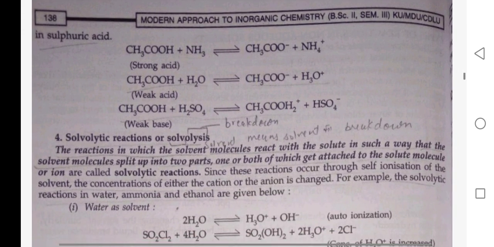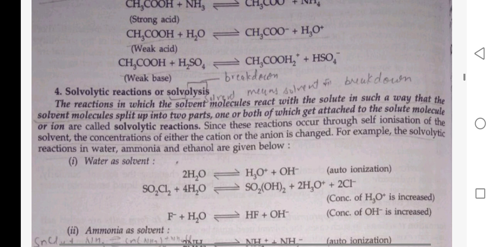Fourth, solvolytic reaction or solvolysis. The reactions in which the solvent molecules react with the solute in such a way that the solvent molecules split up into parts, one or both of which get attached to the solute molecules or ions, are called solvolytic reactions. Since these reactions occur through self-ionization of the solvent, the concentration of either the cation or the anion is changed.